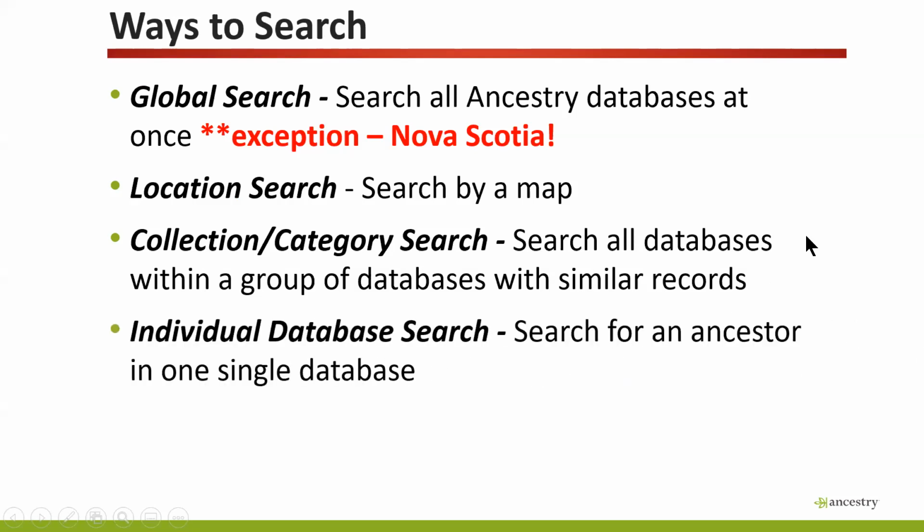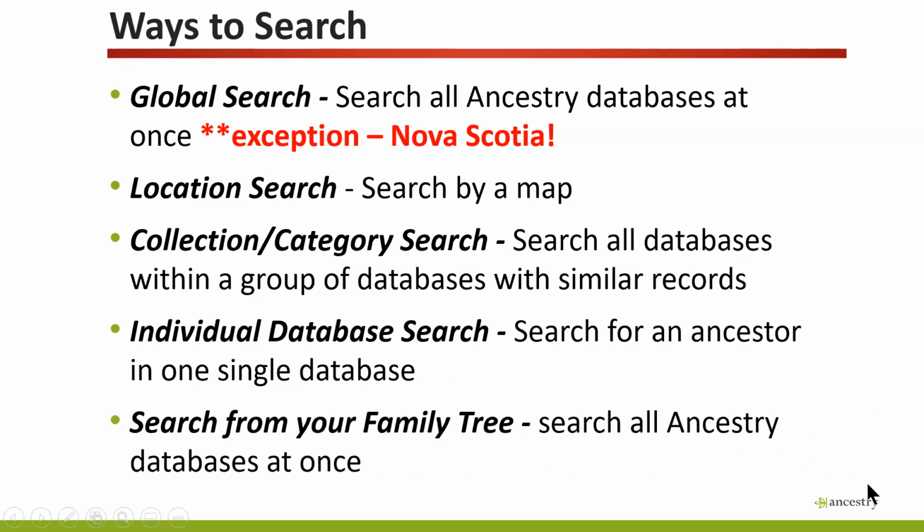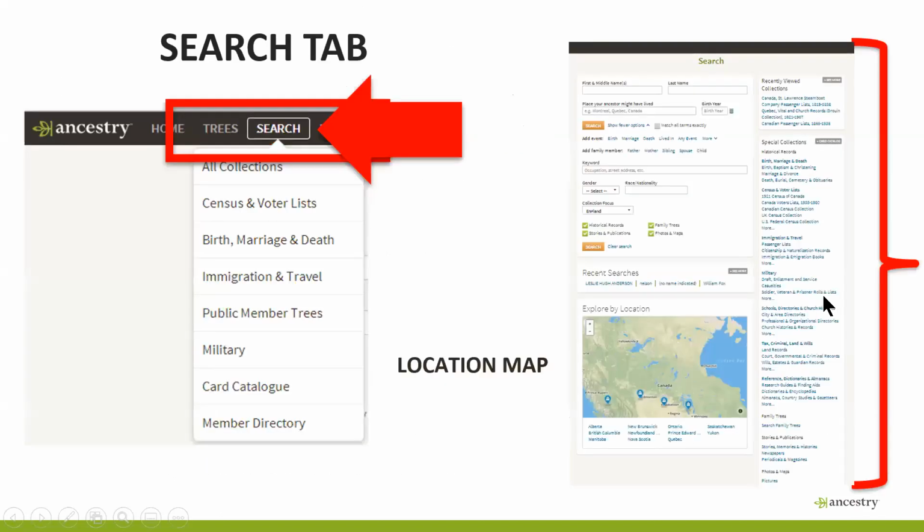You can look by individual databases, and this is a little bit more manageable once you think, okay, well, I'm going to look at a specific record set, like the 1911 census. You can do that and find individual databases as well. And I've already told you, you can search from your family tree, but if you do, it's doing a global search, all of the databases at once.